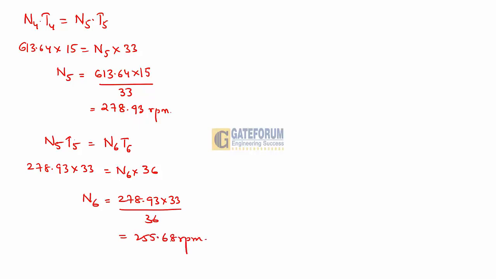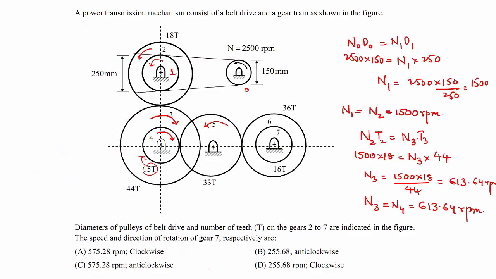Gears 6 and 7 are compounded, so N6 equals N7, that is 255.68 rpm. The direction of rotation will be clockwise because it is external gearing, so meshing gears have opposite sense of rotation. So that is 255.68 rpm in clockwise direction. That is option D. This is the end of the question.